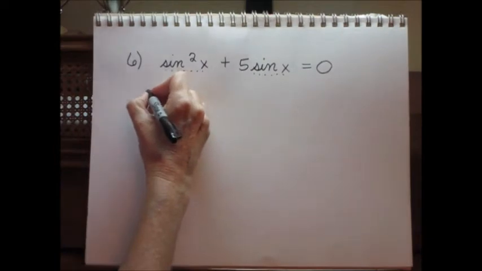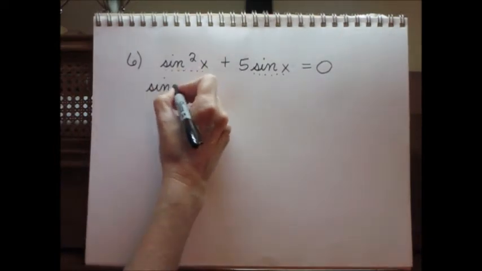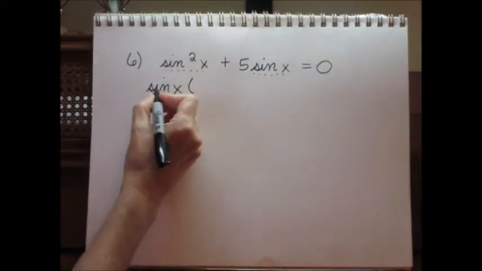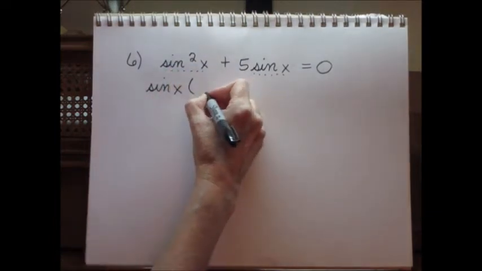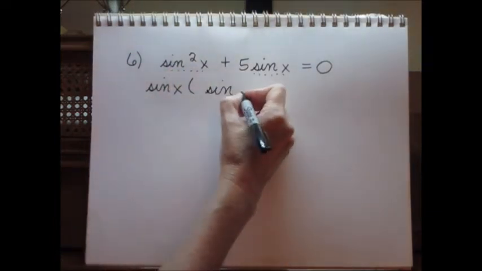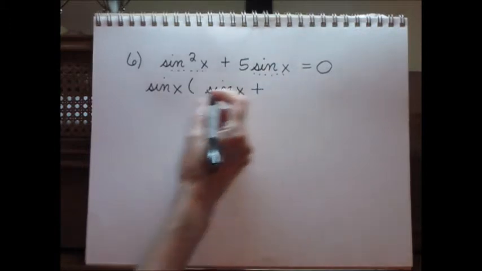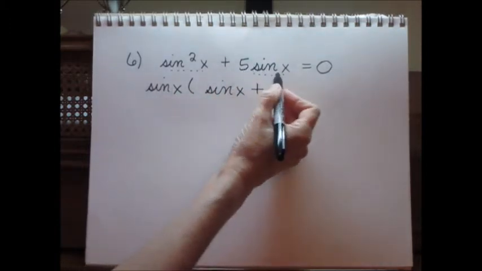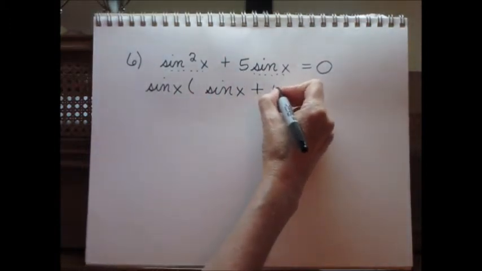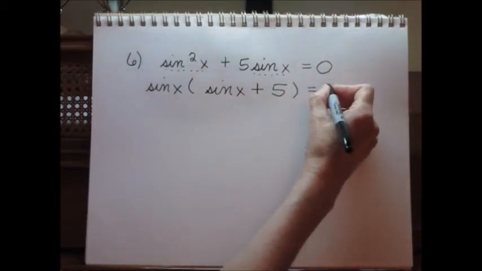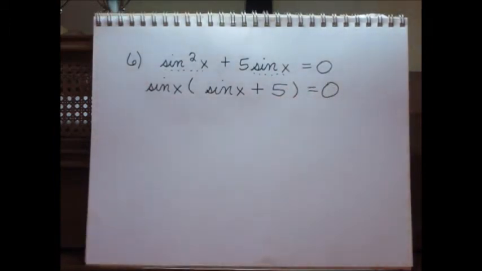Sine of x into sine squared of x leaves me a sine of x, plus sine of x divided into 5 sine of x gives me just a 5. I factored out the greatest common factor, sine of x.